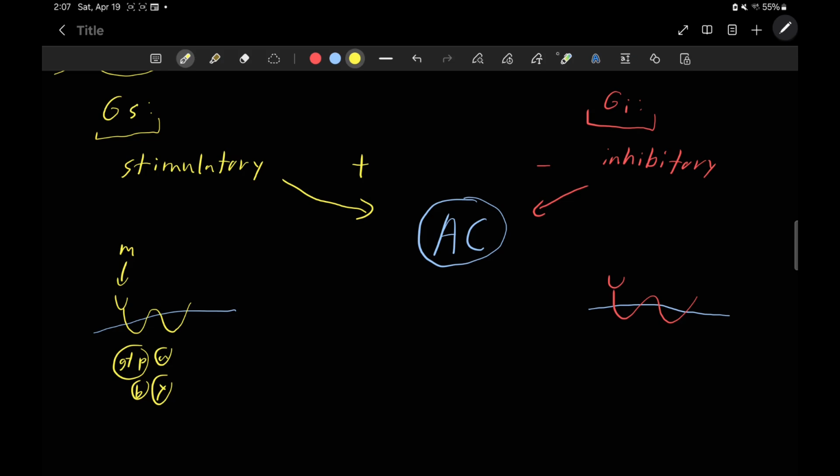And depending on what the messenger molecule is, what type of messenger molecule you're dealing with, and what type of GPCR you're dealing with, this G protein on the inside that gets activated can be different types. So let's say this messenger molecule and GPCR activates a GS type of G protein. So then this can go over to your adenylyl cyclase and increase response.